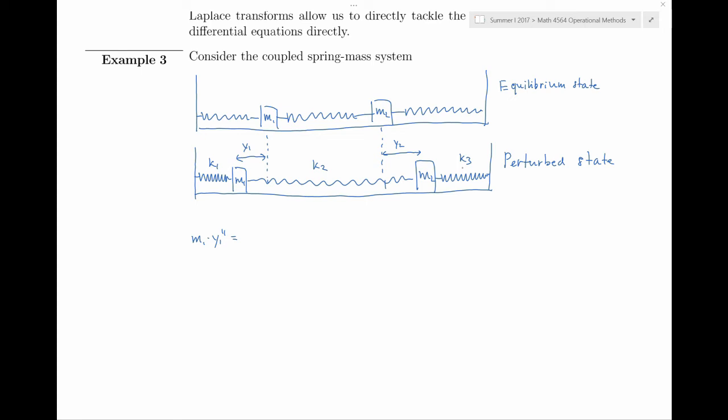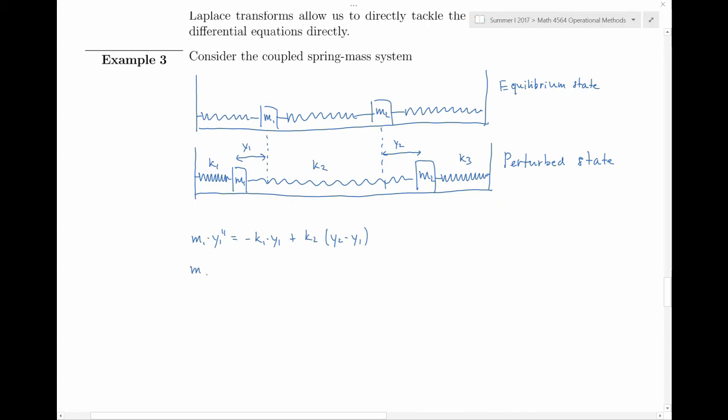So when y1 is negative, the force is positive. So therefore I get minus K1 times y1. The second spring is stretched, and the amount of stretching is y2 minus y1. And the force wants to pull the spring into the positive direction. So it's going to be plus K2 times y2 minus y1.